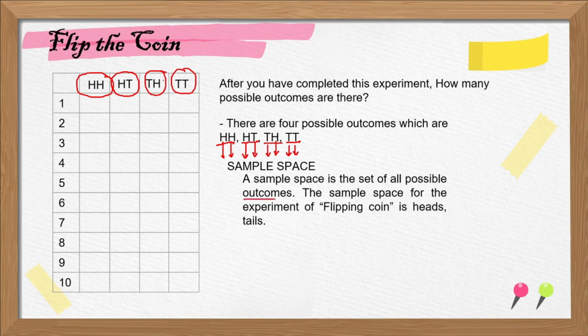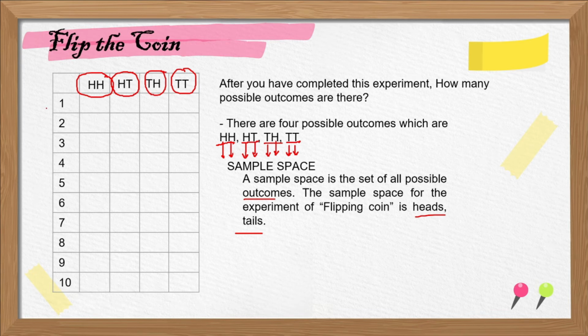So, these are all the possible outcomes when we flip two coins together. The sample space for the experiment of flipping a coin is heads, tails. So, kapag nag-flip ka lang ng isang coin, ang sample space lang nalalabas ay isang heads at isang tails. But since we use two coins, we have heads, heads, heads, tails, tails, heads, and tails, tails.